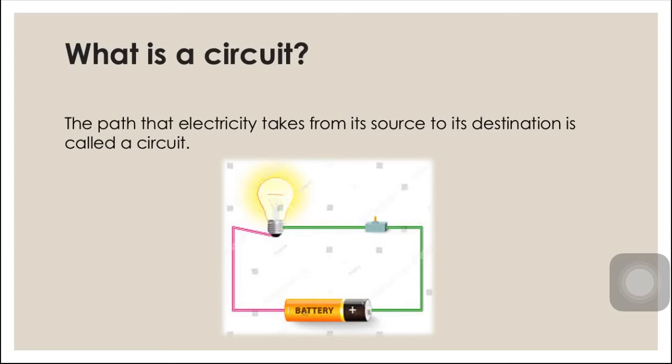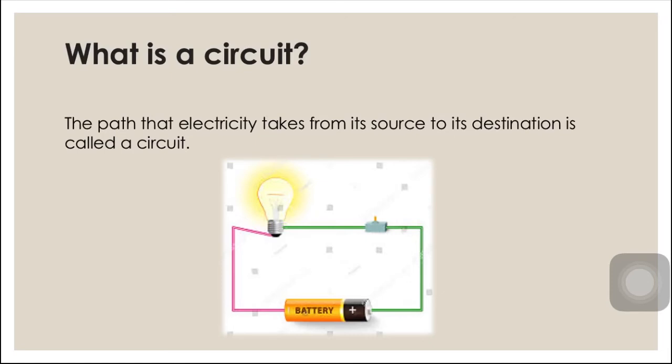That power station is the source of electricity, and after passing through the wires, that electricity comes to our houses. Our houses are the destination of electricity. There are wires that connect our houses with the power station, and those wires carry the electricity from power station to our home, and that is called a circuit.